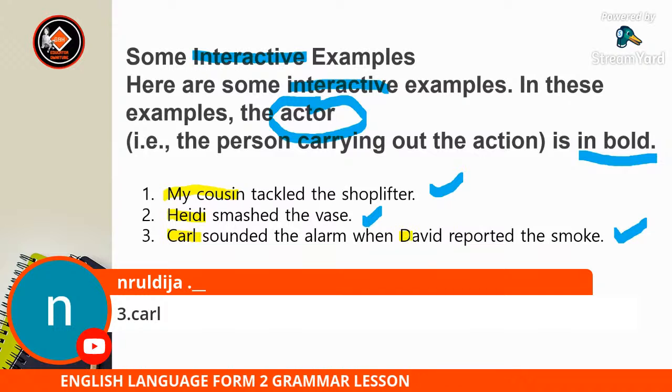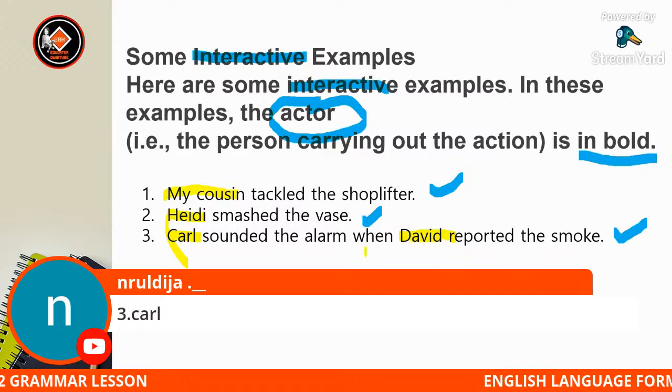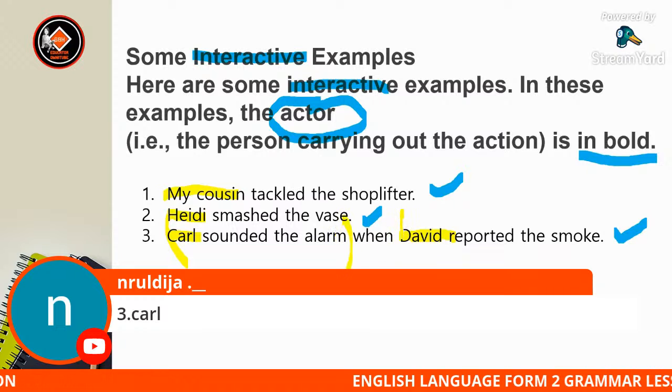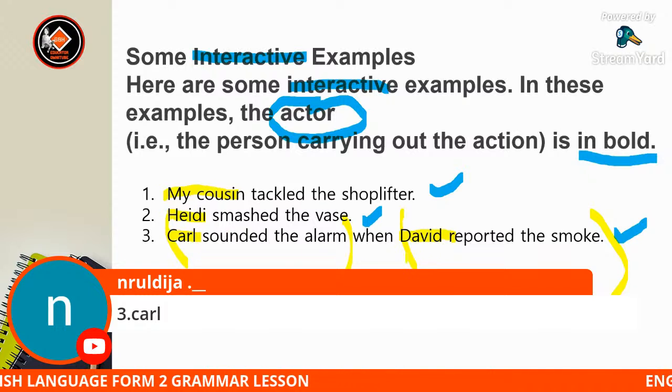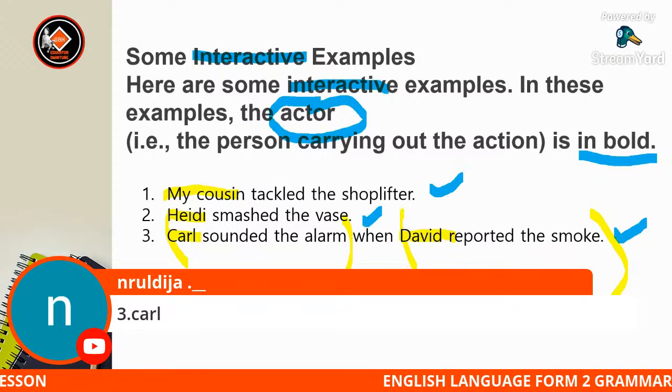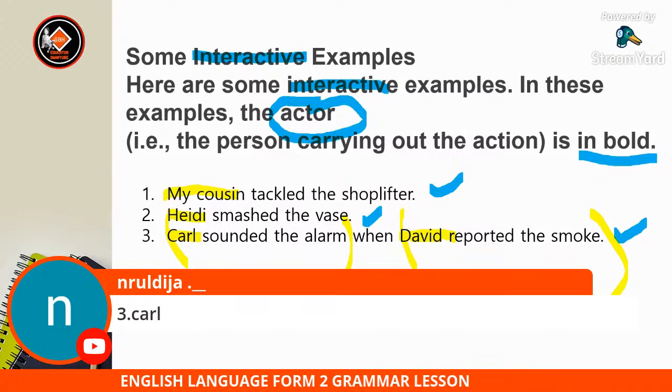There are two here. Please be careful, okay? So there are two sentences. Carl sounded the alarm is one sentence. David reported the smoke is one action. So for number three, the answer will be Carl and also David. Okay, but the more important one is Carl here. Okay, let's look at the next one.